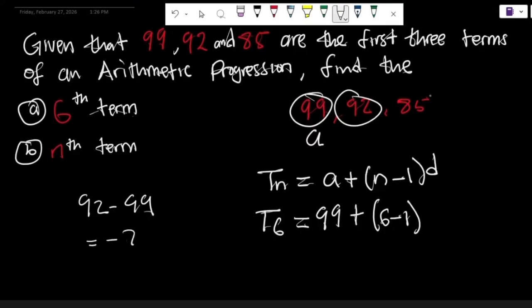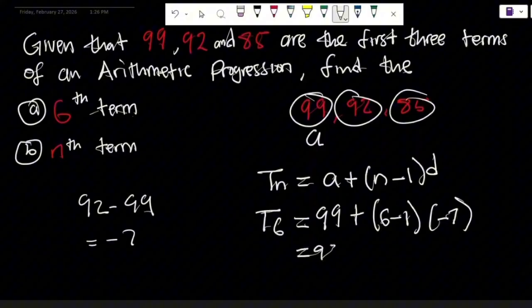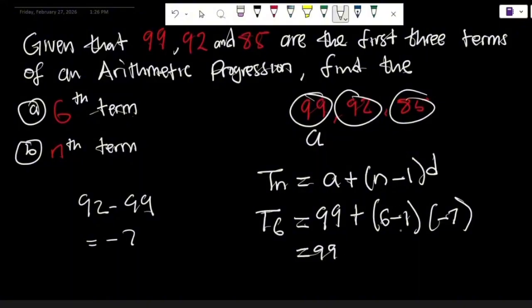Even if we subtract 85 and 92, we are still going to get the same number. This is the common difference. Then this is 99, and here we are going to get 5 multiplied by -7, so we have -35 here. And so our answer is going to be 64. This is the sixth term.